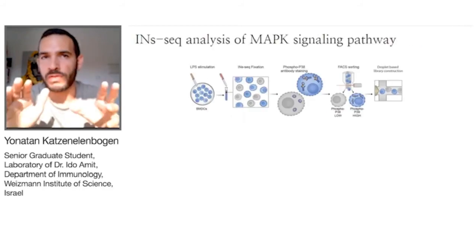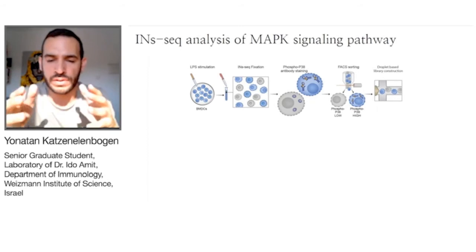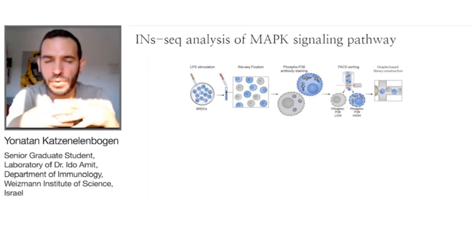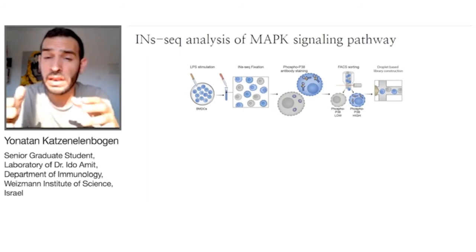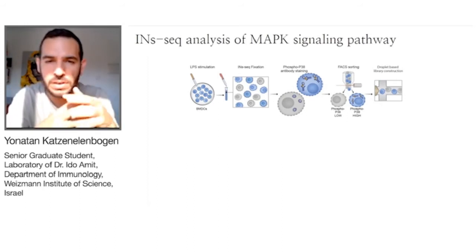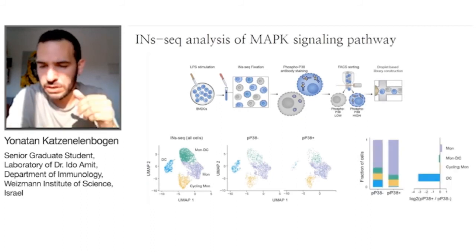I'm not going to go over everything. We had a lot of different results there. You can find it online. I just want to say that we demonstrated the ability of our methodology to target some signaling events, defining responders and non-responder cells to stimulation by targeting phospho-P38, and it was quite interesting.